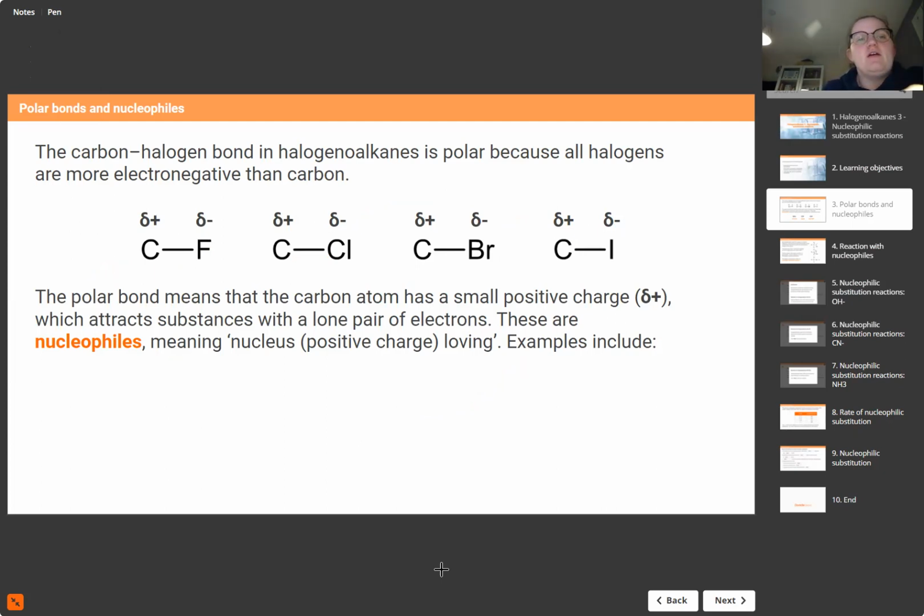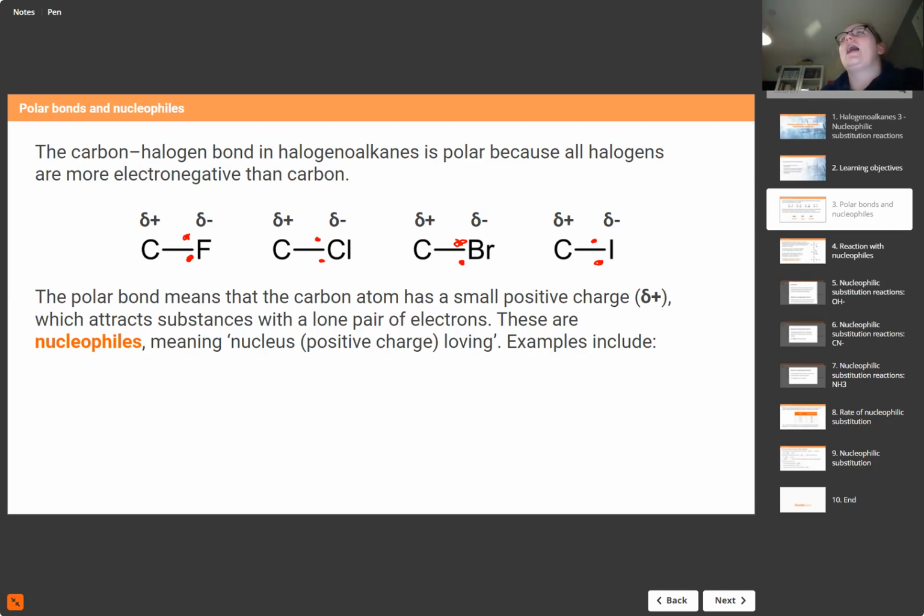That's because the electrons shared in the covalent bond are closer to the halogen, which is what causes the polarity. So the polar bond means that the carbon atom has that small positive charge, and that small positive charge is able to attract substances that have a lone pair of electrons.